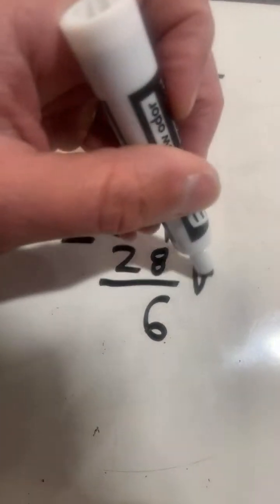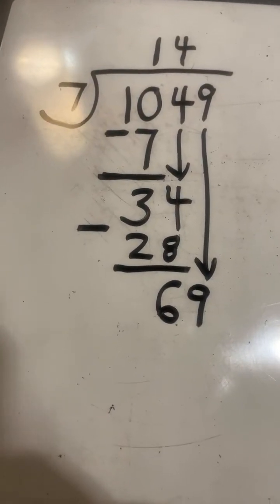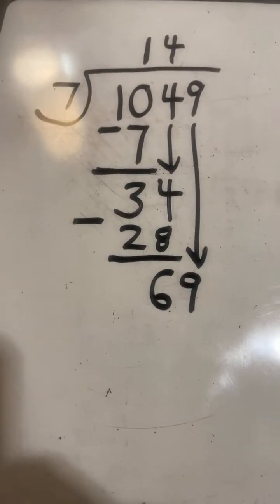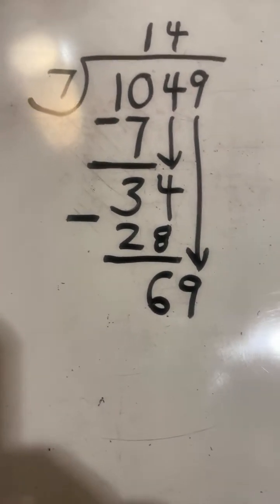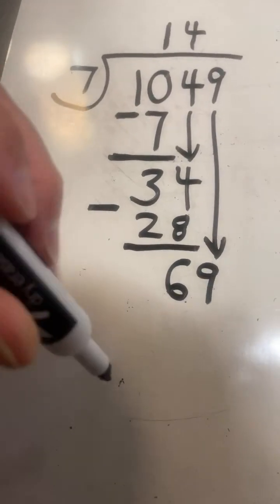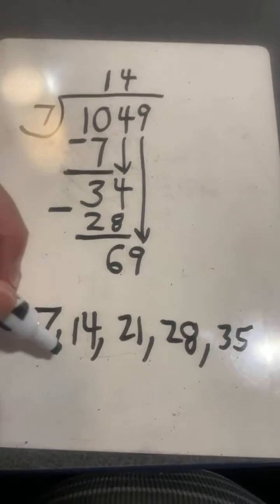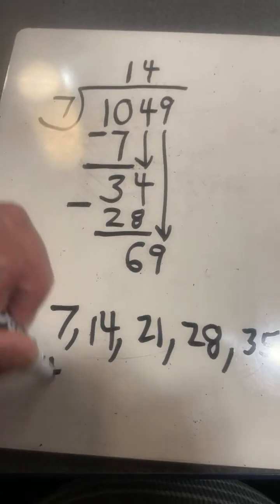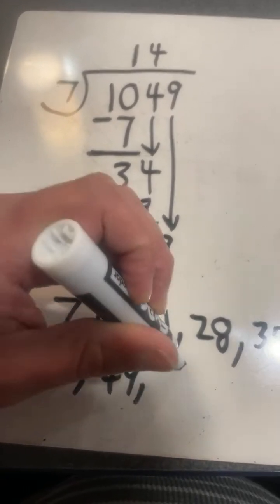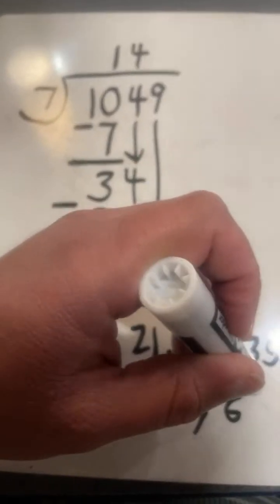Next, we bring down the 9. So now 69 divided by 7. This will probably be another answer that ends up being a mixed number, not a whole number, but we will go over it. So counting by 7s now. 7, 14, 21, 28, 35, 42, 49, 56, 63.